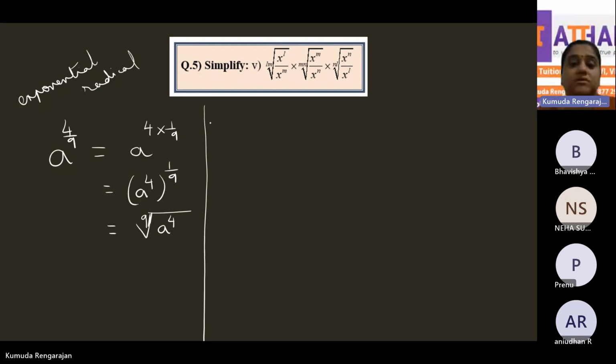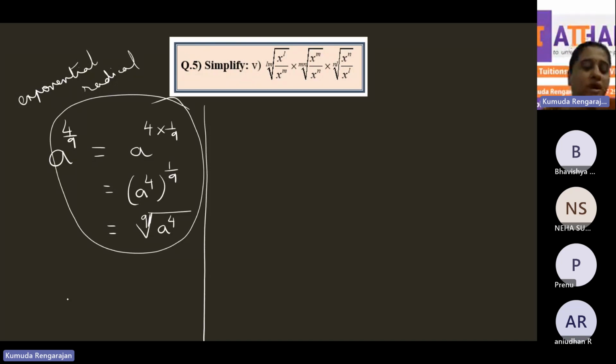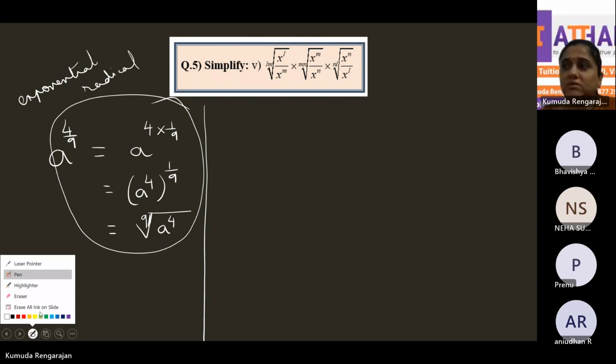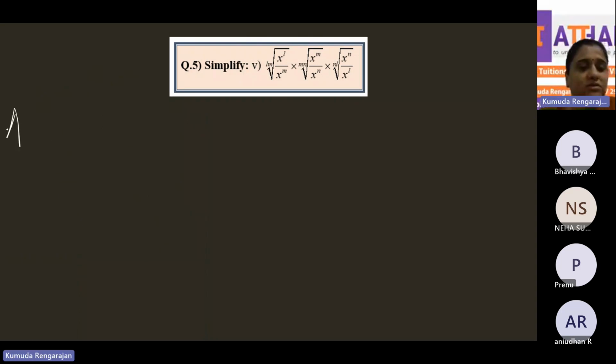All right. So now answering this question, children, I hope you all made a note of this one. Recalling this, we already understood when we started exponents. Now tell me, Niveda.